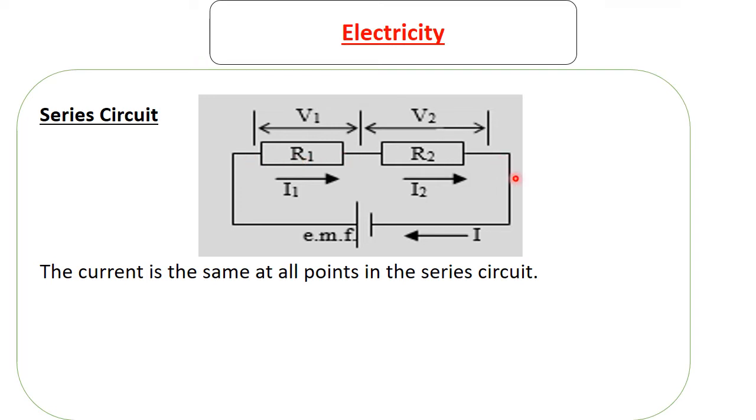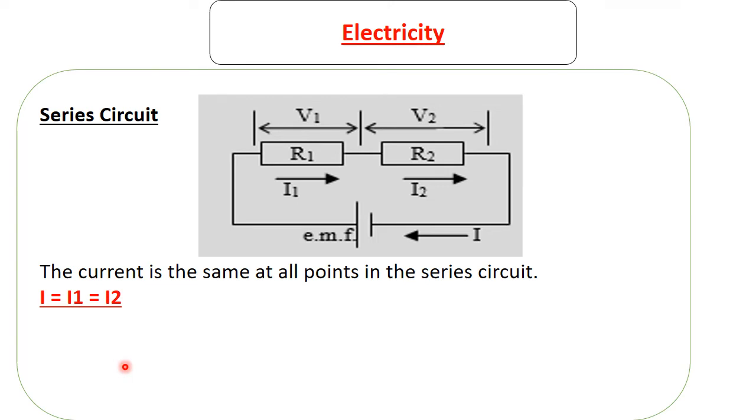We can view these wires to be pipes. The amount of water at every point is the same. It cannot change unless you connect another pipe that takes the water somewhere else, and that is where the other type of circuit called parallel circuit will come in. So in conclusion, the current which passes through the battery is the same as the current that passes through resistor 1, current 1, and it is the same as the current that passes through resistor 2, current 2.